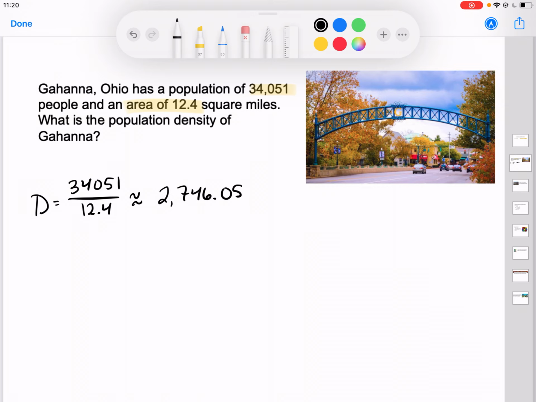Since we're talking about density, population density is allowed to have decimals. That's so it's more exact, but you do need to make sure you put your units in, so it should be people per square mile.